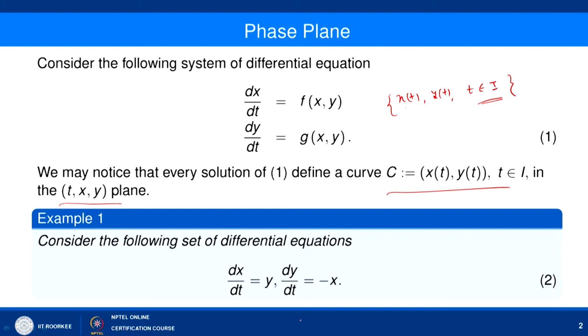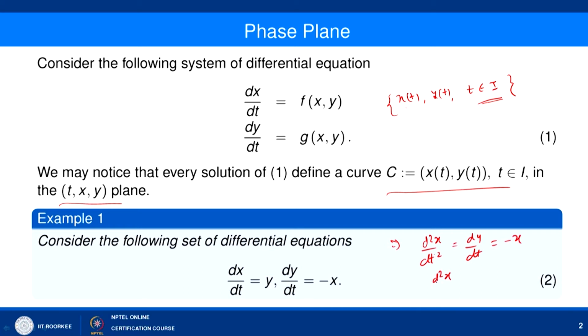Consider the following set of differential equations: dx/dt = y and dy/dt = -x. We can solve this simply: d²x/dt² = dy/dt, which is equal to -x.